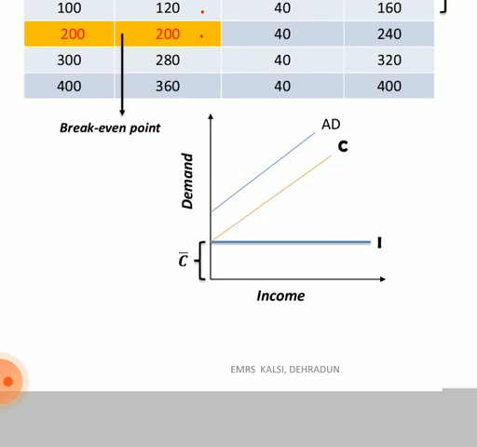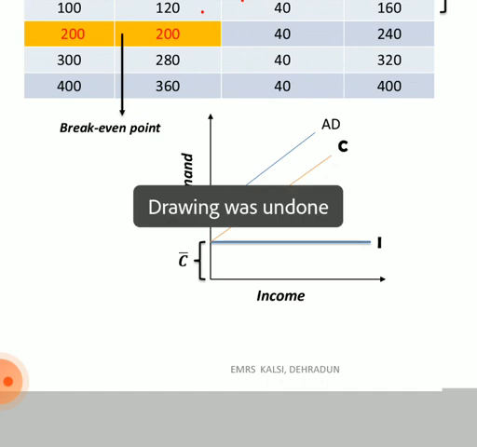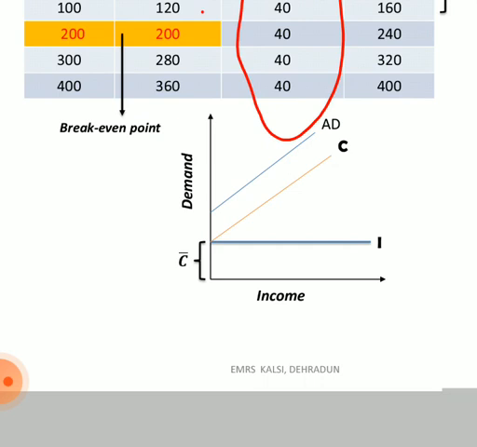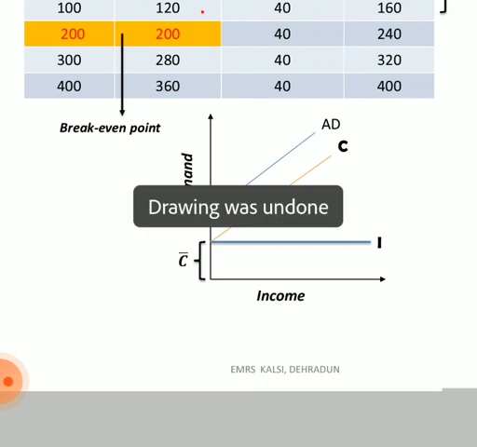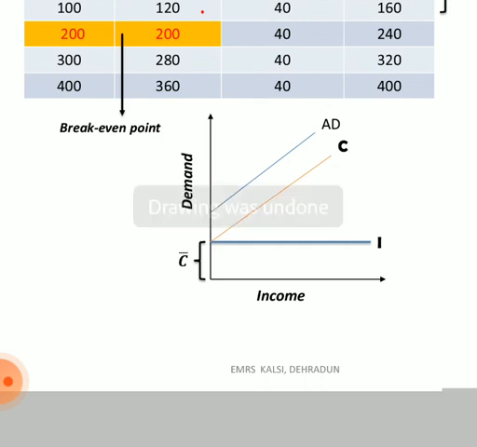Now investment, here we can see the investment is the same, 40, 40, 40. Why so? Because this is autonomous investment. Now what is autonomous investment? The investment which is done for survival, not for the profit motive. I am repeating this, because when we are investing for the profit motive, then investment will be increased.